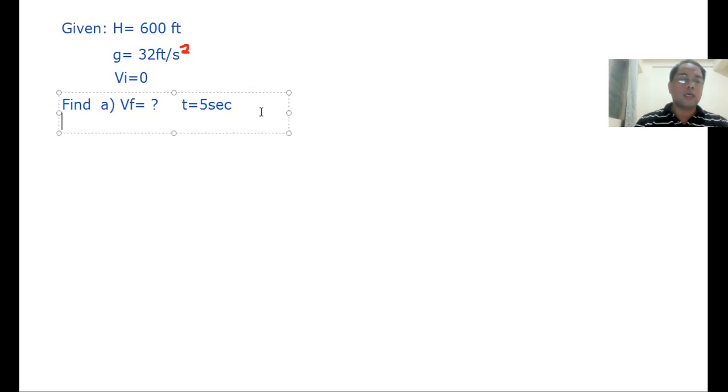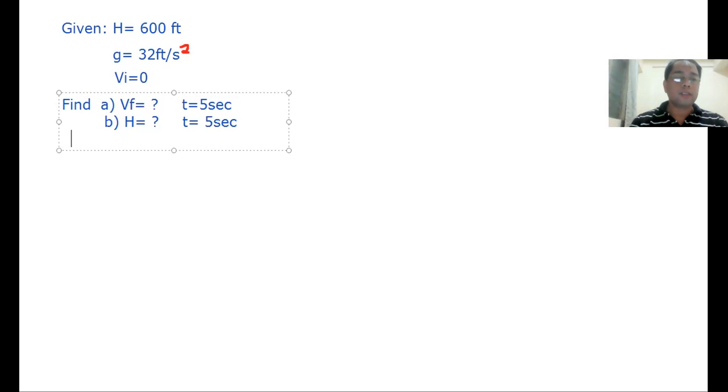Next, what if we are to look for the height of the object, after falling again for the same period of time? How much is the distance covered by the object after falling for 5 seconds?